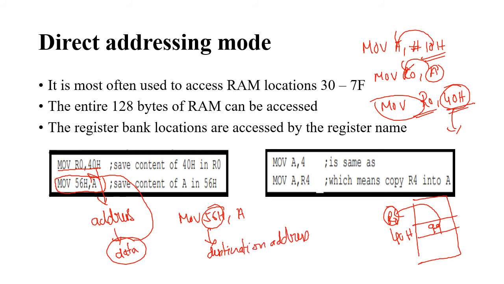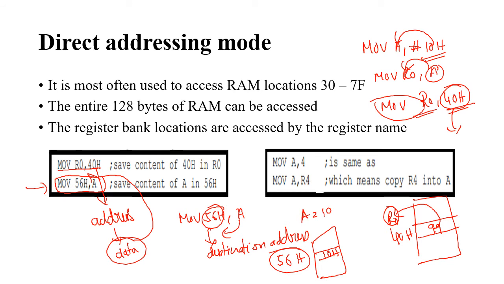So the data present in A goes and sits in the destination address. Now if we assume that A is equal to 10H, after execution of this instruction, the 10H goes and sits in the address pointed by 56H.